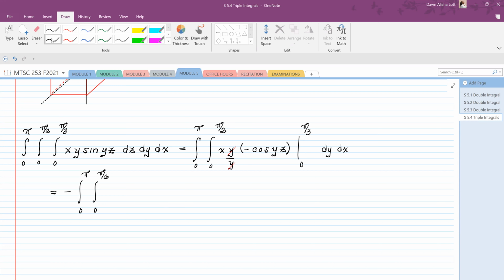So I get the cosine of pi over 3 times y minus the cosine of 0, which is 1. And that is dy dz.